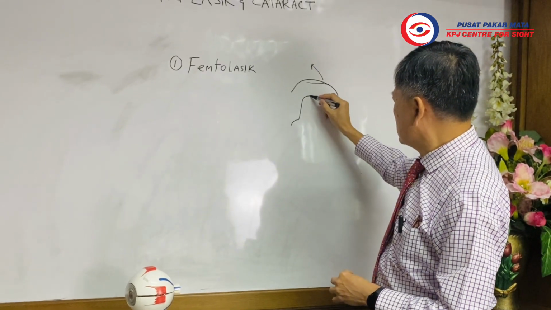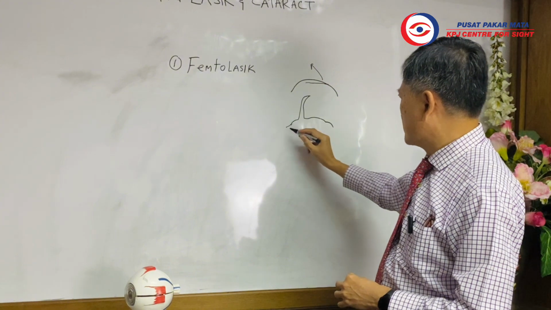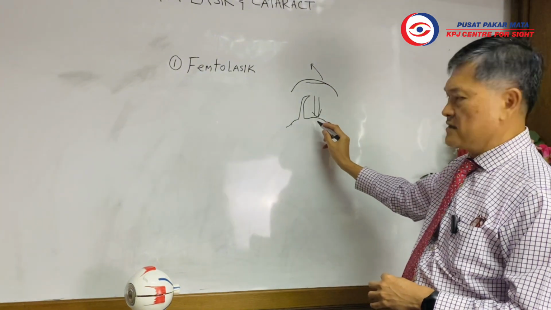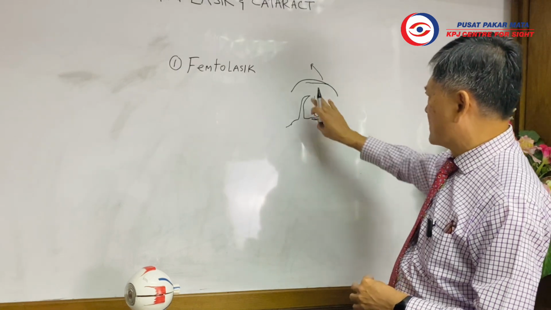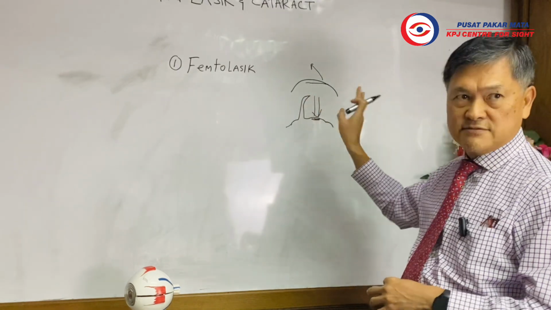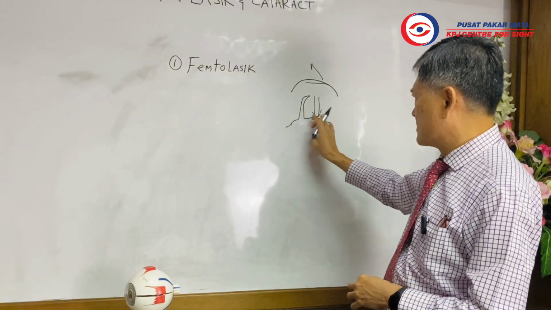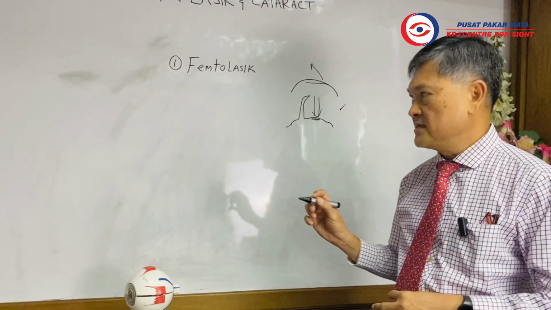Then a laser is applied onto the cornea to shape it, and then the flap is repositioned to cover the entire wound. So this is one method.